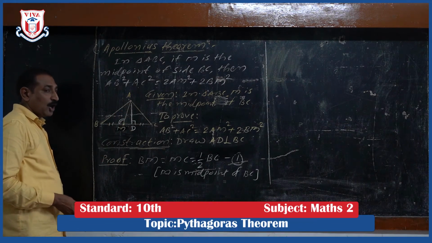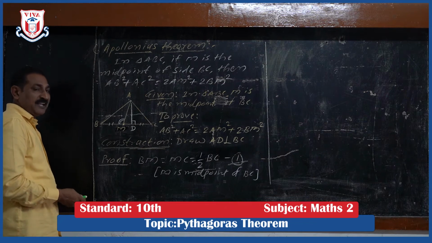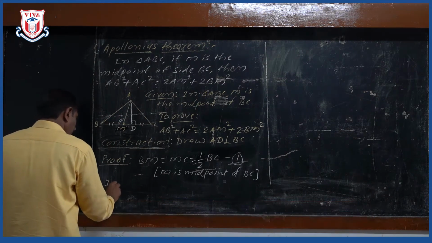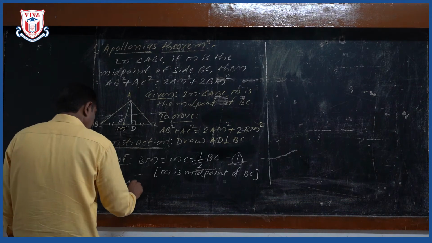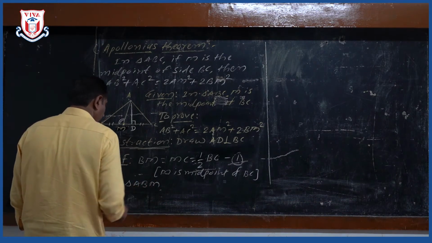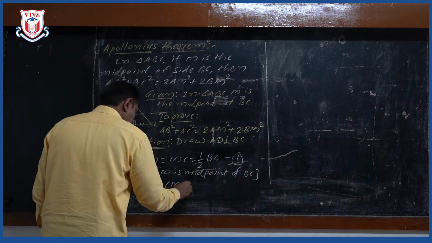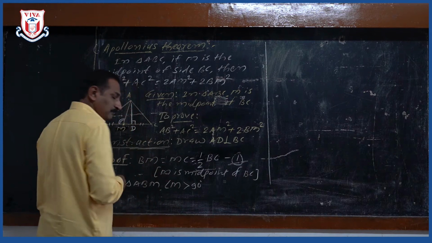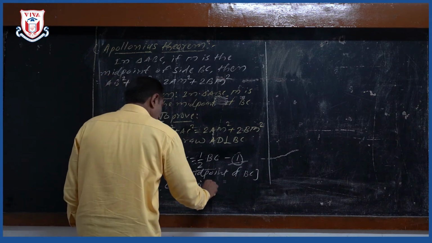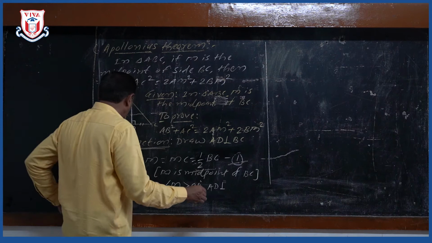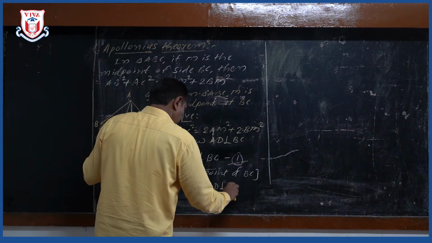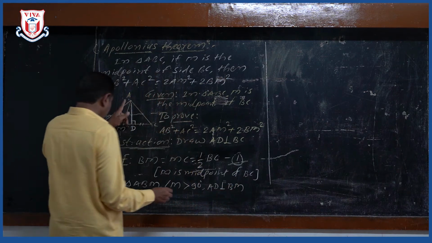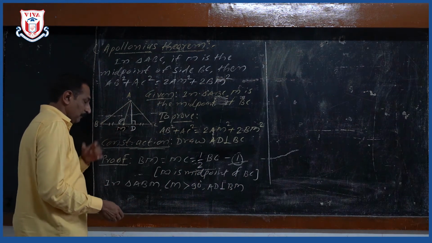Then according to the application of Pythagoras theorem, I write in this way: in triangle ABM, angle M is greater than 90 degrees, which means angle M is an obtuse angle, and AD is perpendicular to BM.